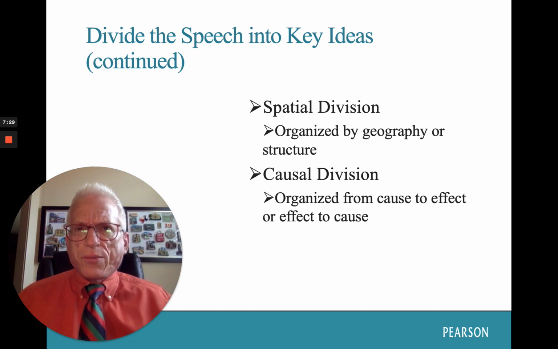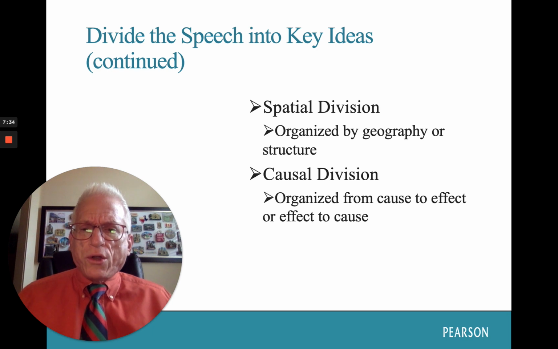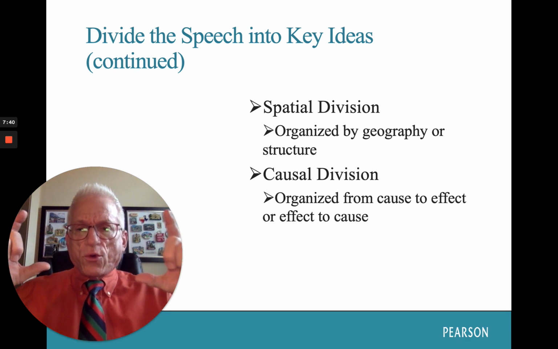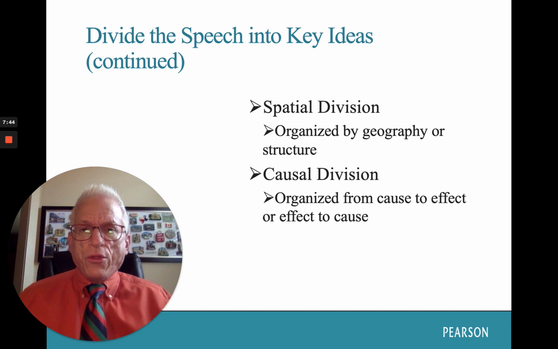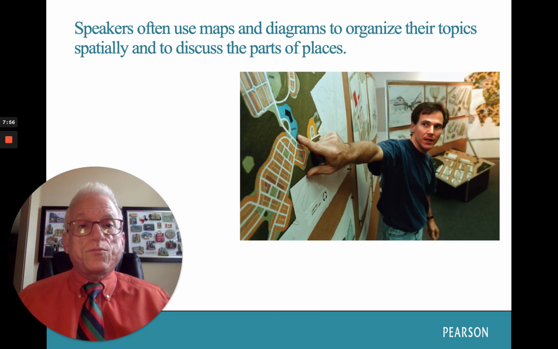A good example of how I would argue from effect to cause is, what are the factors that contribute to a recession? I would start out with recession as the effect, and then work my way back and talk about the causes. Or I would start out with the causes, and then lead up to the effect. Again, go back to your textbook because they have some really good examples of this.